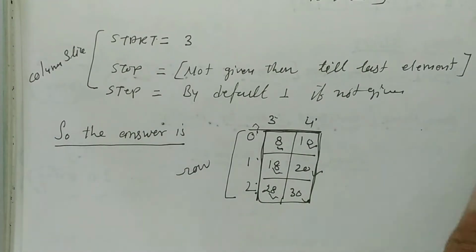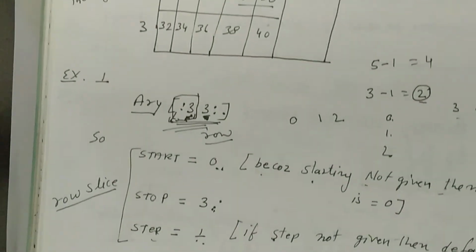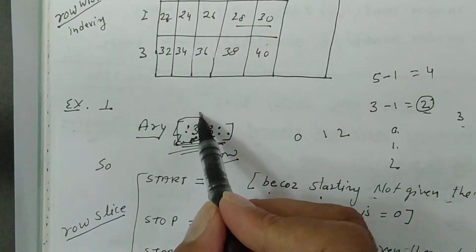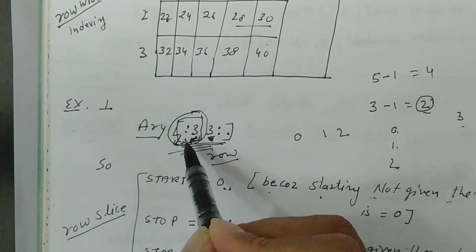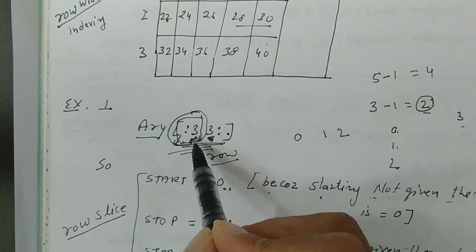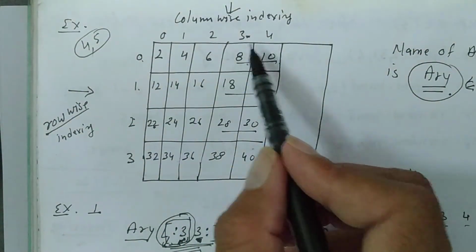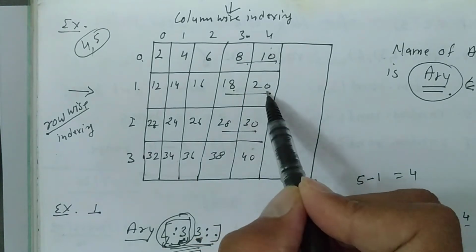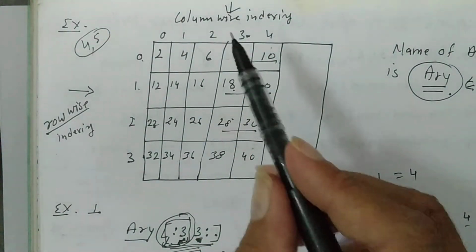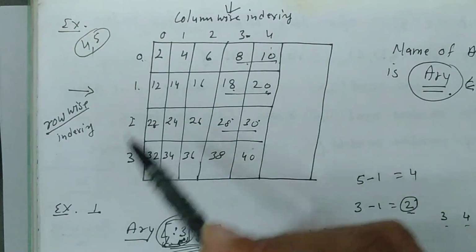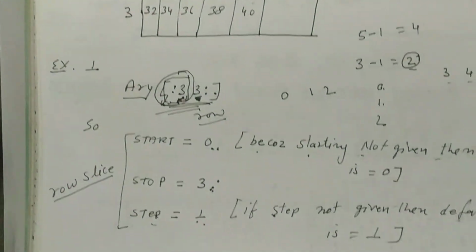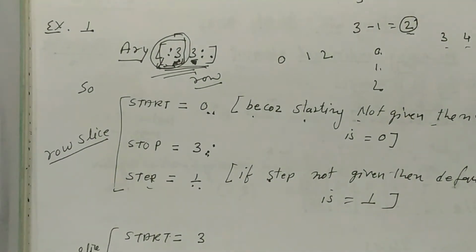In this question he asked for the row portion till the third row, and the column portion starting from third. So as we know, third and fourth, third and fourth, third and fourth: 0 row, 1 row, and 2 second column. Clear this one?